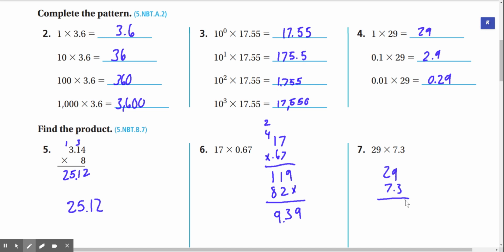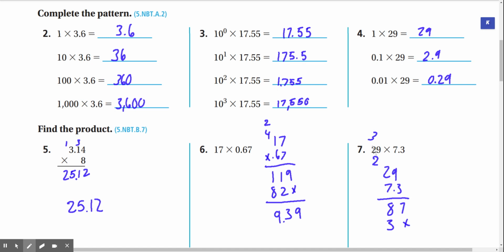Now number 7, we have 29 times 7.3. 9 times 3 is 27. 27, like that. 3 times 2 is 6, plus 2 is 8. 7 times 9, that is 63.